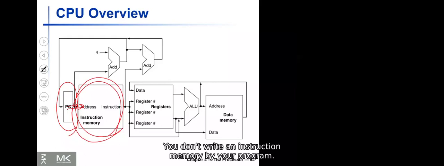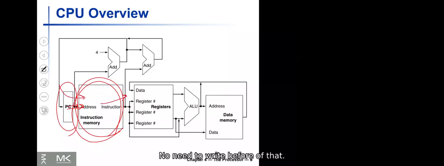You don't write in instruction memory by your program. We load memory with something by the operating system, but in our programs, we actually shouldn't write. So you see here, it's just reading. It gets the address and brings the data out of it. That's it. No need to write.